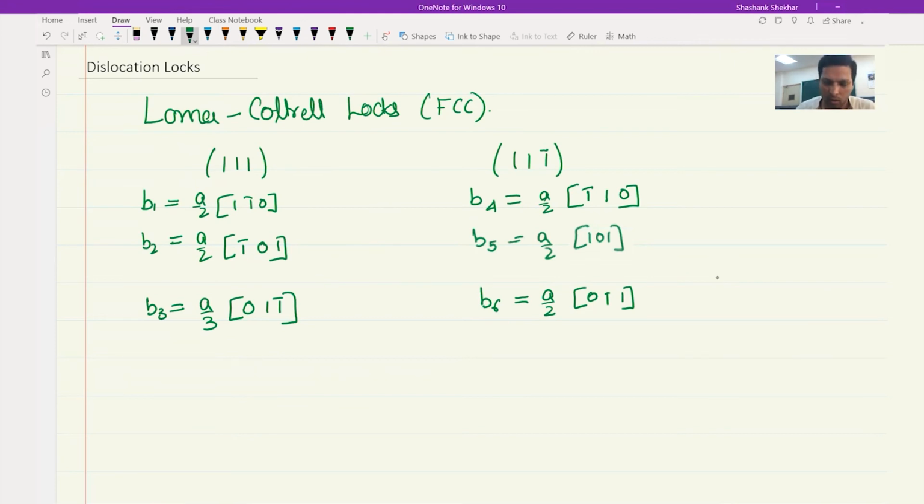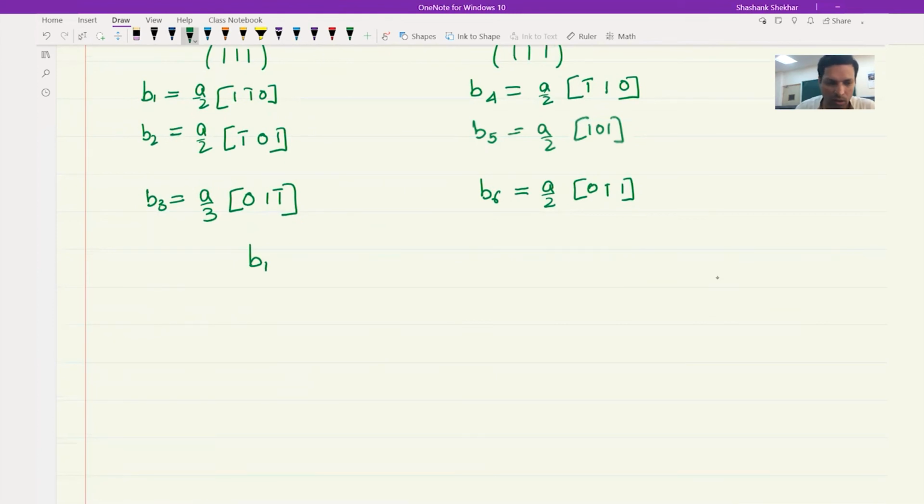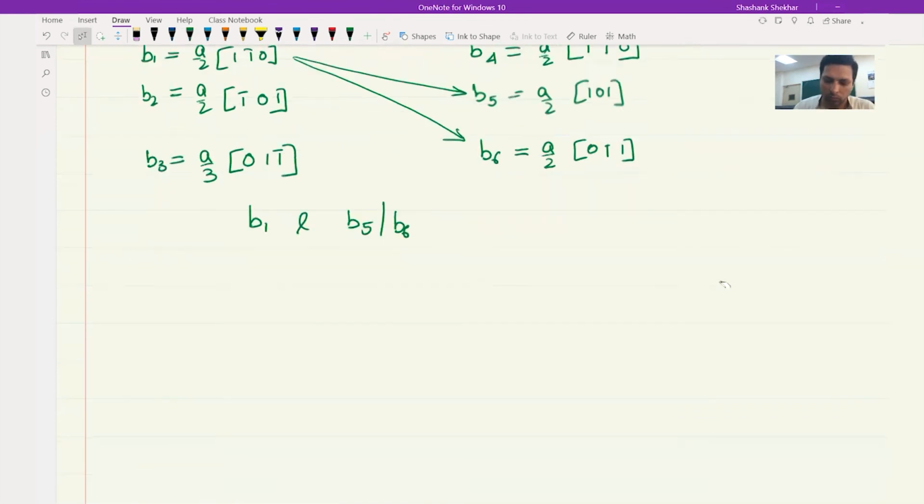So let's take a combination of B1, which can be positive or negative, and B5 or B6. So both the dislocations are moving in their own plane, but there will always be a line which is common to both, and that is what we are looking at.